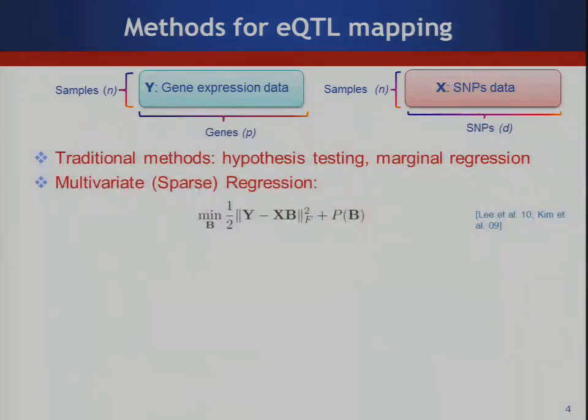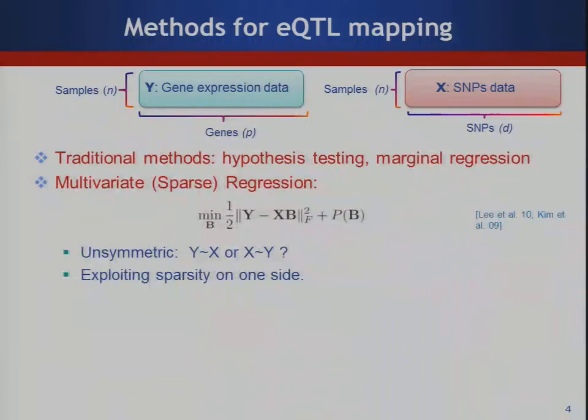Recently, people have started to use multivariate sparse regression to study this problem, formulating it by regressing Y on X and putting some sparsity regularization on the coefficient matrix B. However, I think the main problem is that this formulation is asymmetric.